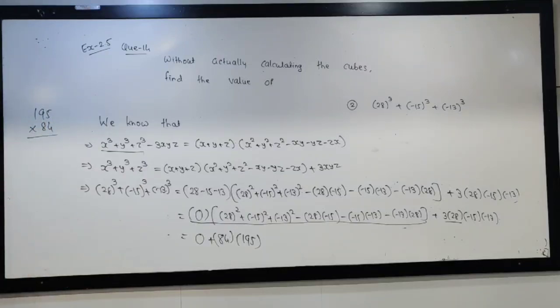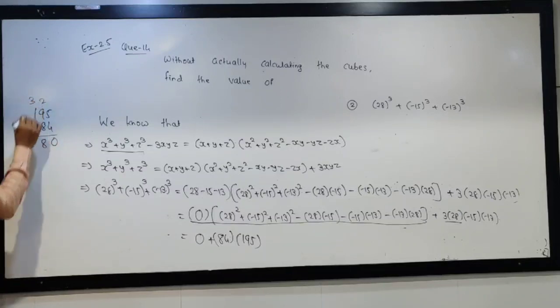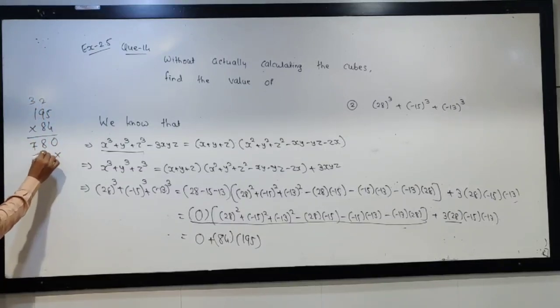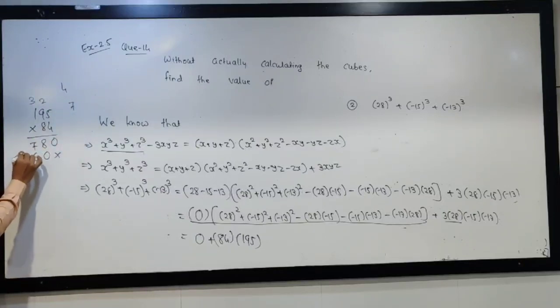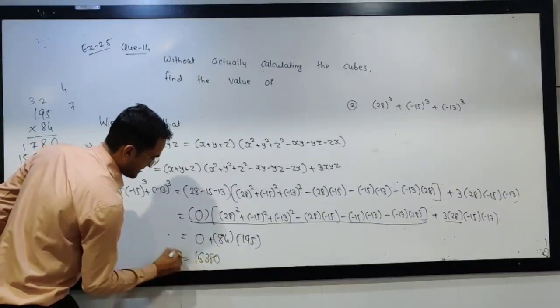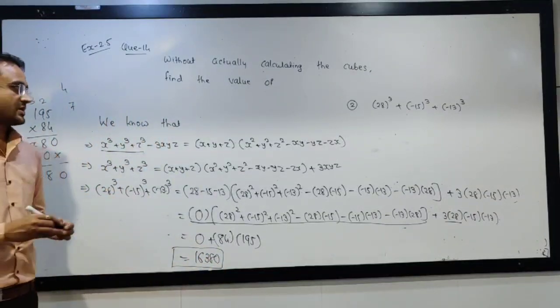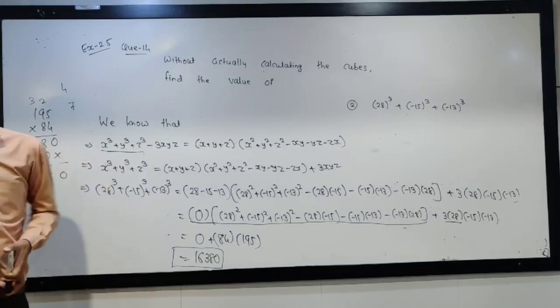If I multiply these two, it becomes 16380. Clear? So this way you can do questions like that.